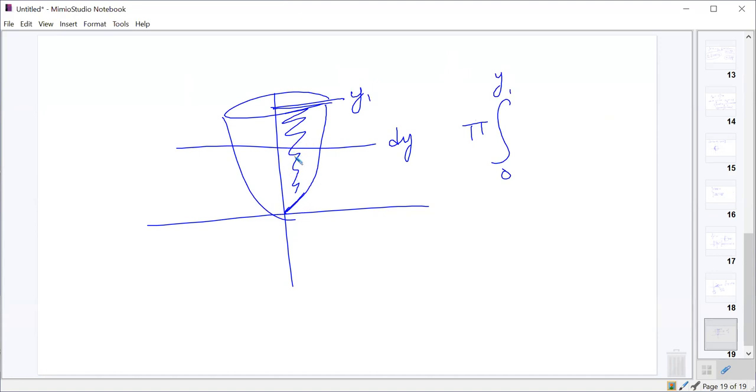This radius is just the x value I've gone over. If this is y equals x squared, then x is equal to the square root of y. So the radius is the square root of y, squared, dy, because it's pi times the radius squared, and you can find your volume that way also.